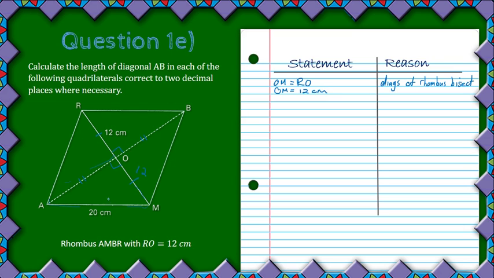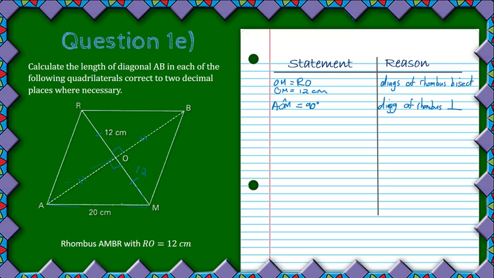Now, I need to state that angle AOM is equal to 90 degrees. And why? Because diagonals of rhombus are perpendicular.